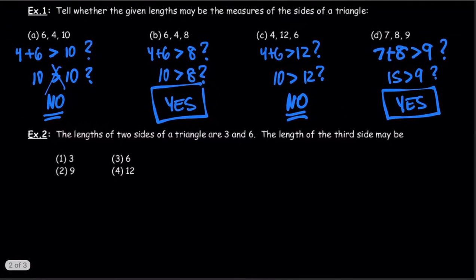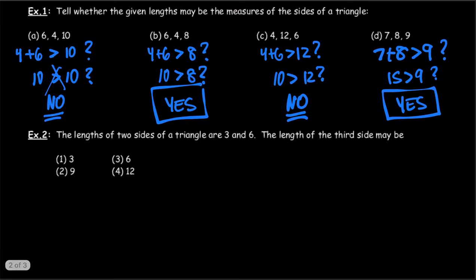Well, here's where we'll get a little bit more challenging. If I give you two lengths, and say the length of the third side may be, well, here's one strategy. One thing you could do is take this choice here and mix it in with these two sides and write them out. So here we go.